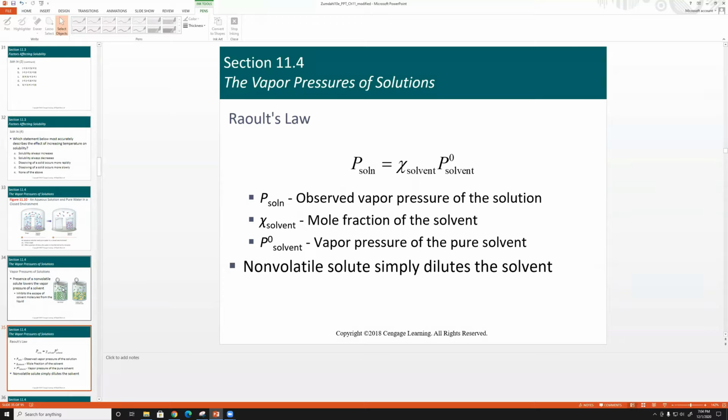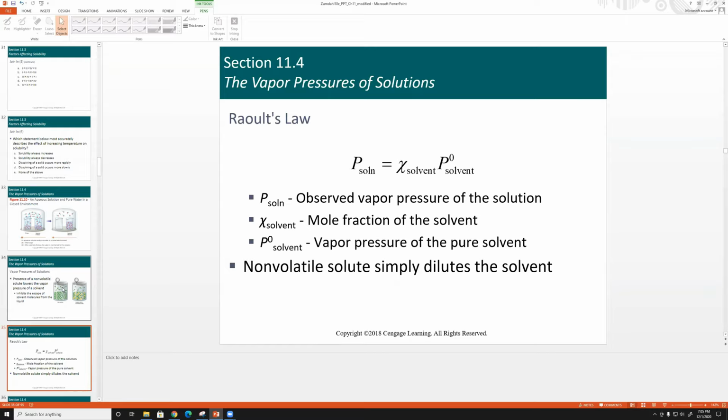So the vapor pressure of your resulting solution is the product of the mole fraction of the solvent, meaning how much solvent is actually there, as a scalar factor of the partial pressure of that pure solvent.